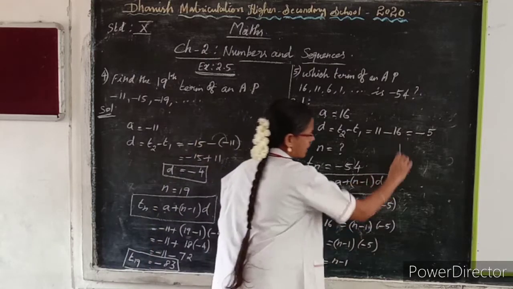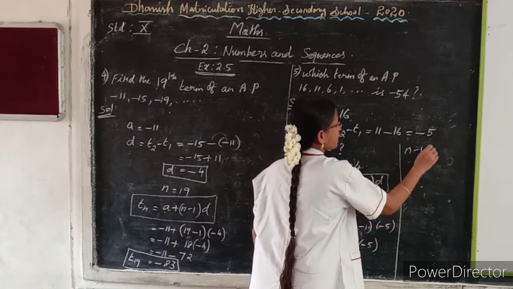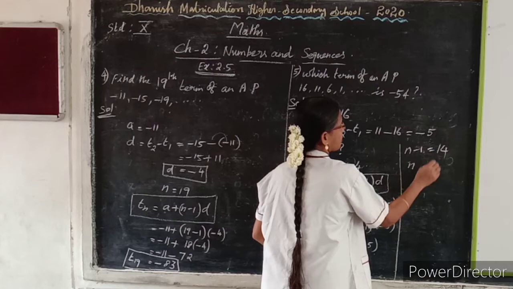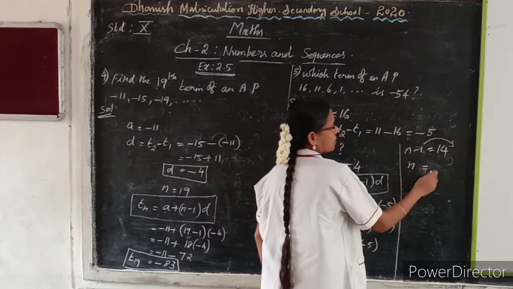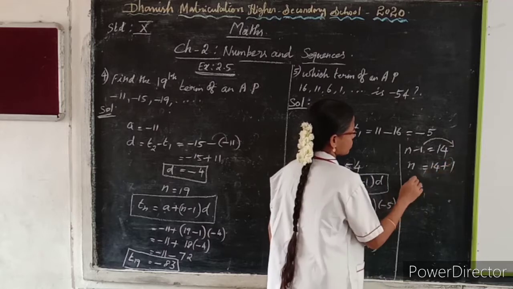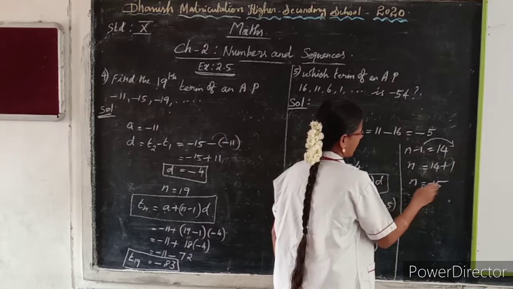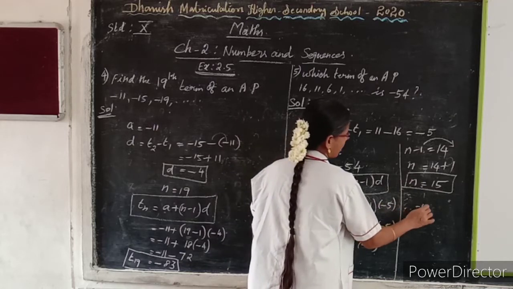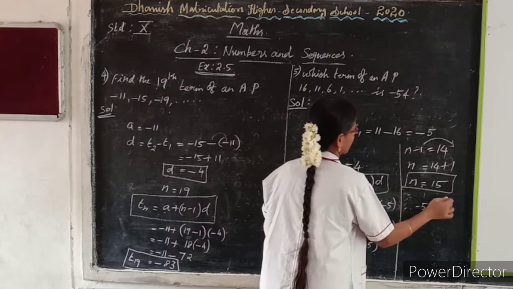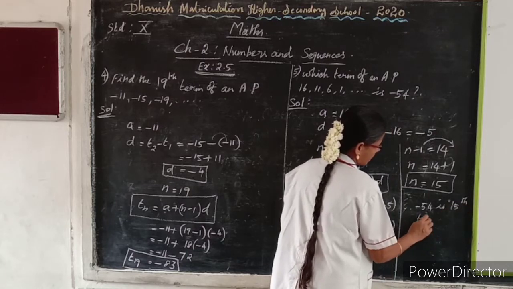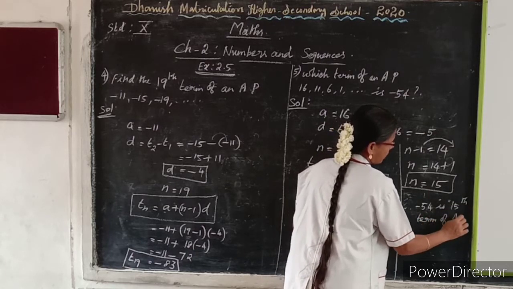So n minus 1 is equal to 14. N is equal to, minus 1 goes that side, means 14 plus 1. So n is equal to 15. Therefore minus 54 is the 15th term.